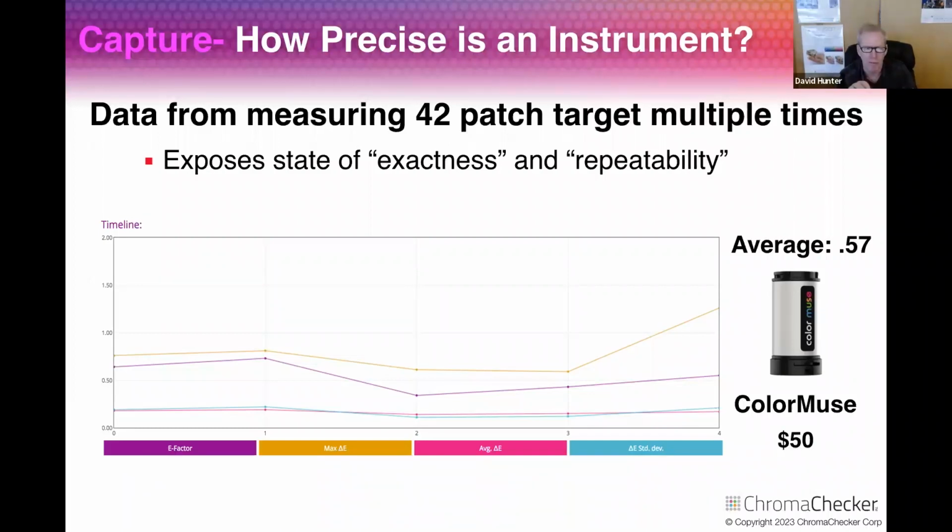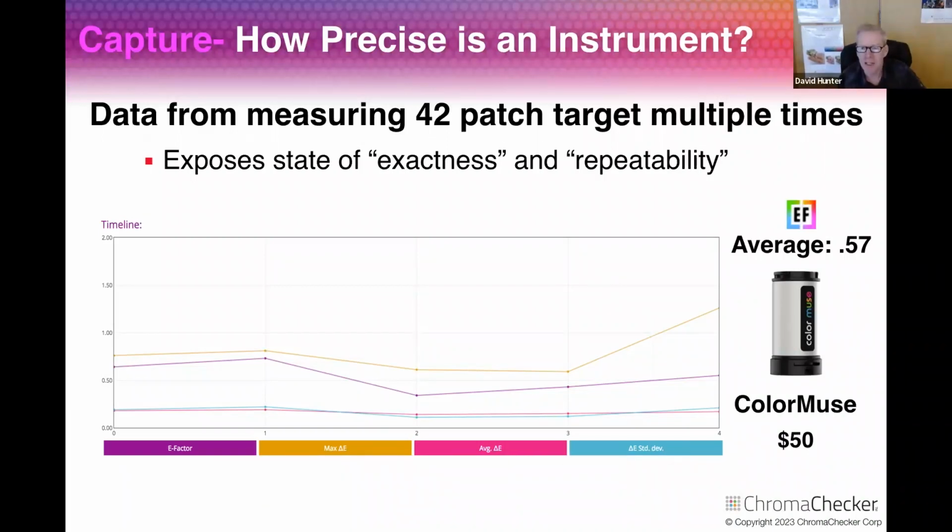In fact, it goes over one delta E. And so essentially, we can quantify the precision of this instrument, and then we can interpret, based on the precision of this instrument, is it appropriate for your workflow that you're trying to use it in? And in most cases, for traditional and conventional and professional print, this instrument is not appropriate.